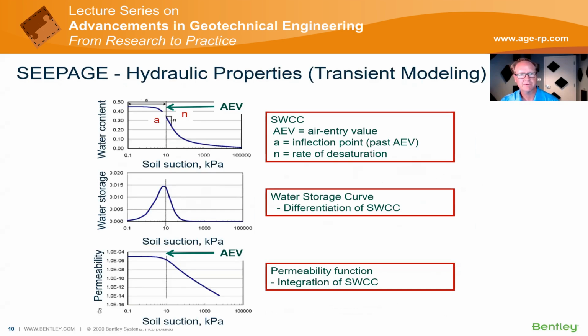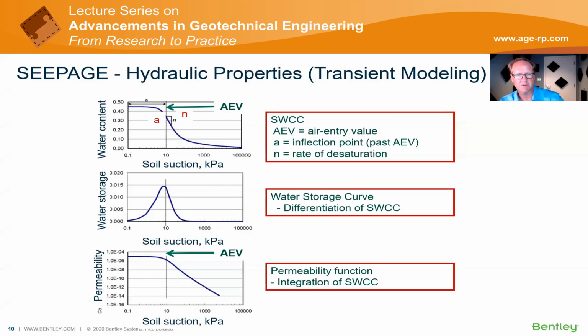And as input, you need to put in your soil water characteristic curve. And that's what we put as users into the software. However, the software differentiates that curve, and what the finite element algorithms see is the change in storage versus suction.